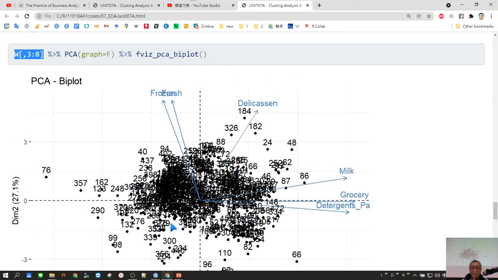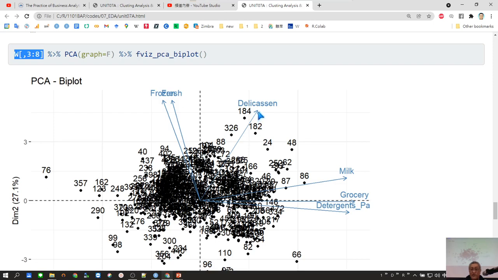So PCA would reduce this 6-dimensional space into a 2-dimensional space. In this 2-dimensional space, every variable has its own direction, and every subject has its own coordinate. And so we can tell that the store that buys more delicatessen is here, in this direction, you can see the arrow.